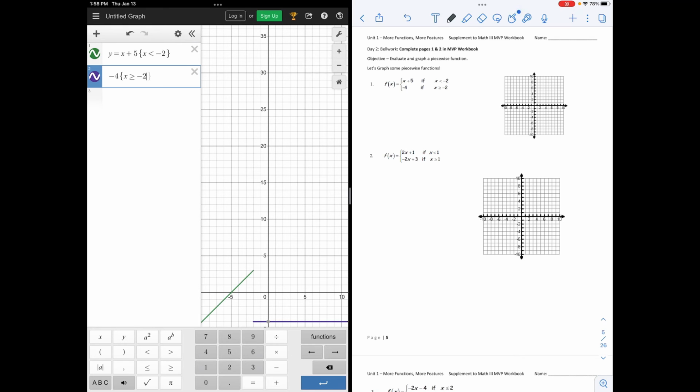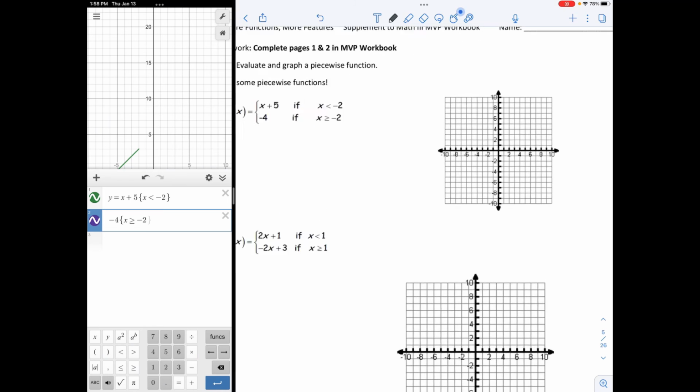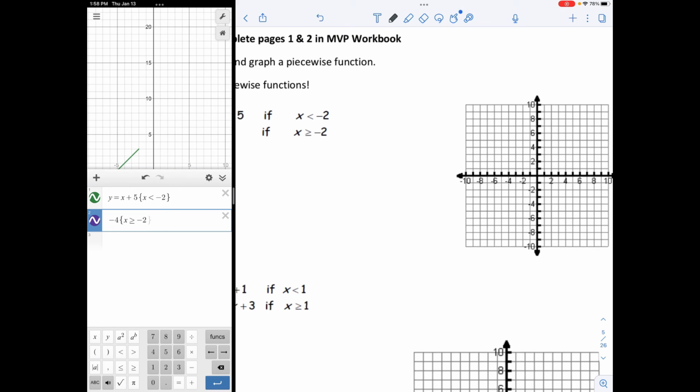Now, what do I need you to be able to do? I need you to be able to show me where it's a closed circle or an open circle. So we graphed it on Desmos. Let's graph it on our paper. We have a y-intercept of 5, so I'm going to make this bigger so we have a pretty good idea of what it looks like.